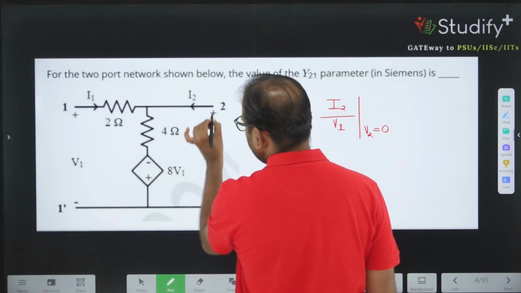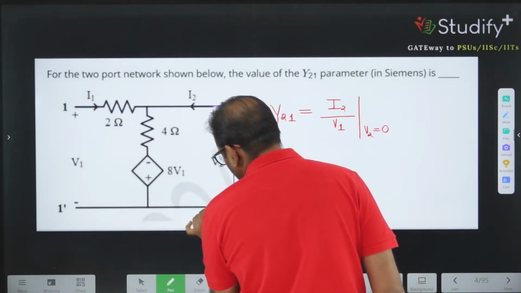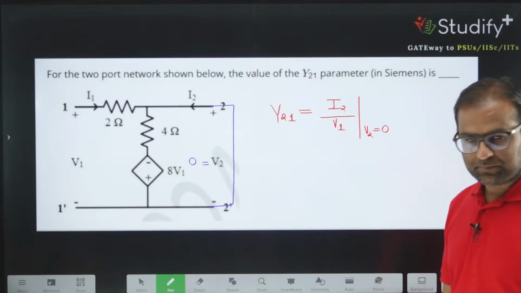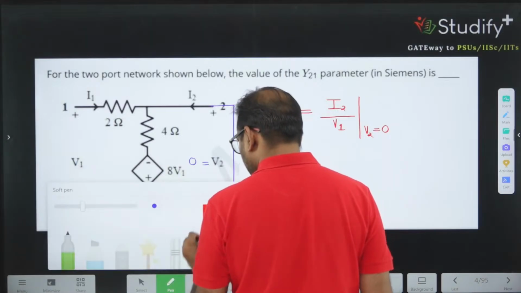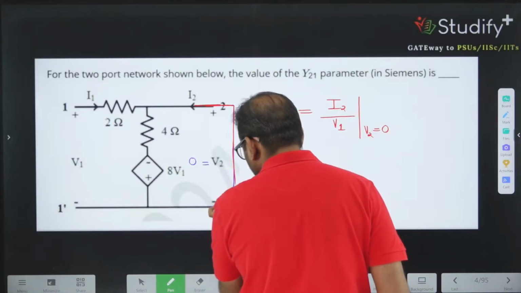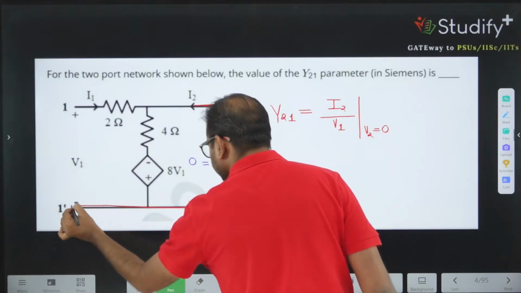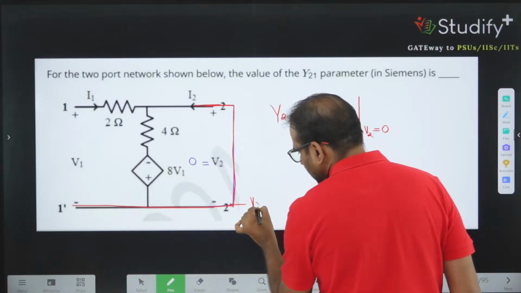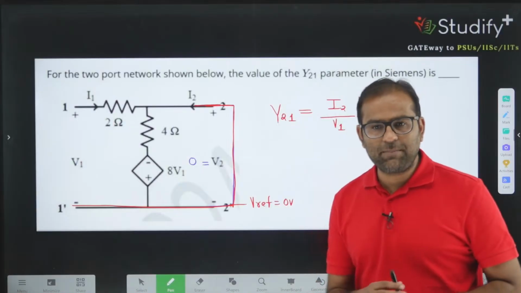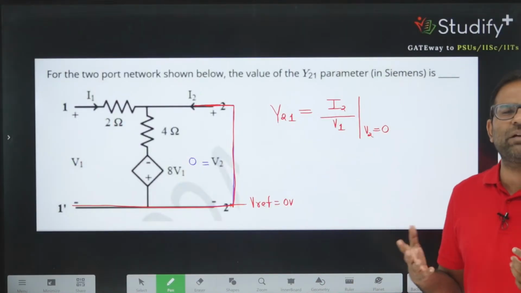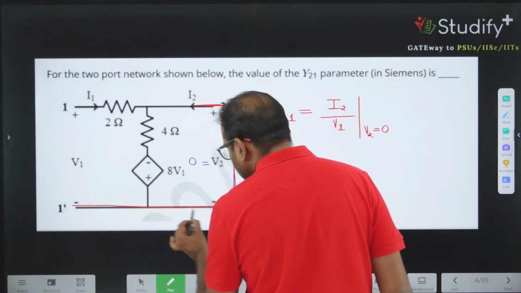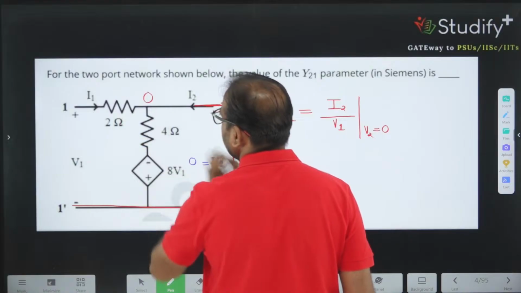V2 equal to 0 means this part of the network is short circuited. Let's say we take this point as our reference point, 0 volt, because then I will directly get Y21 and will not calculate the whole parameter. So from the short circuit I can copy this 0 from here to here.